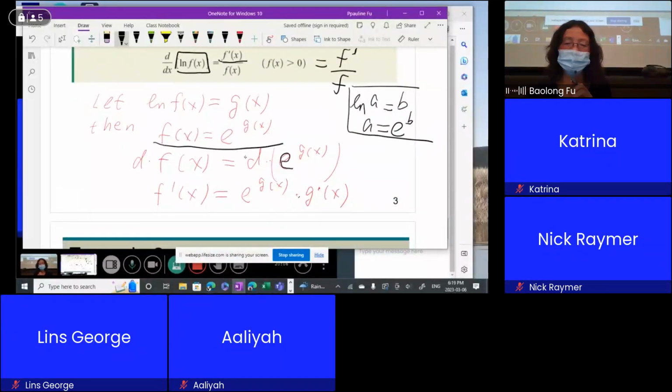Last week we did: if you have e raised to the power g(x) and you take the derivative, it is just e^g(x) times the derivative of g.